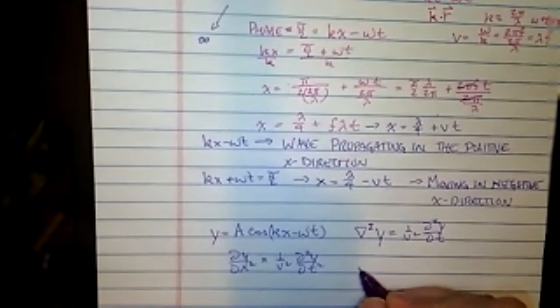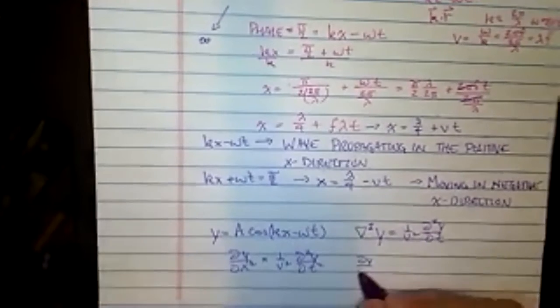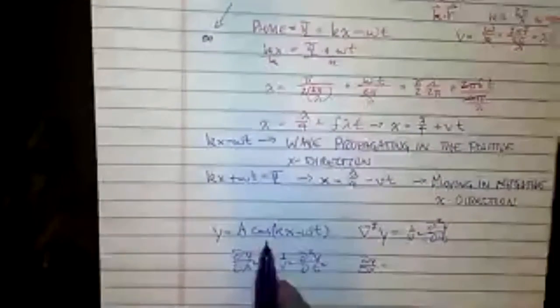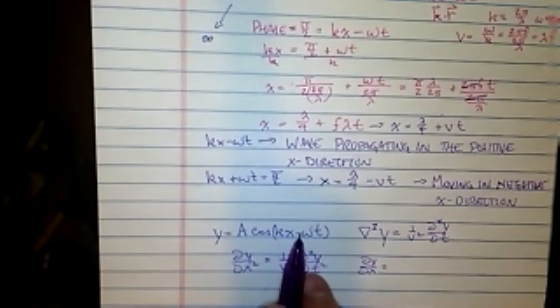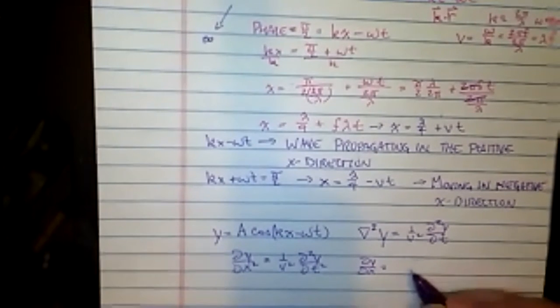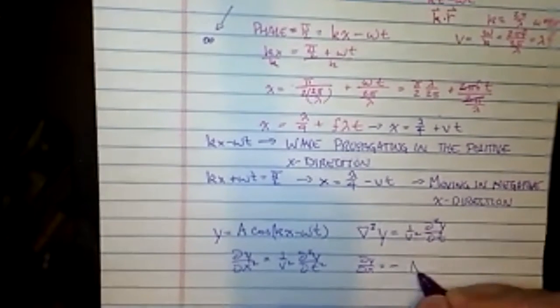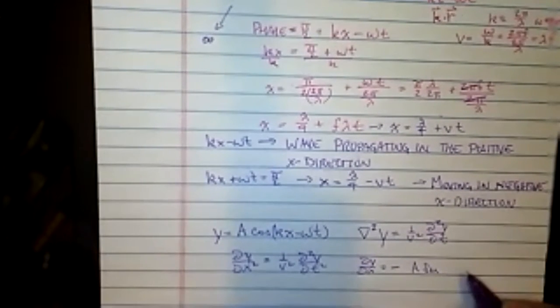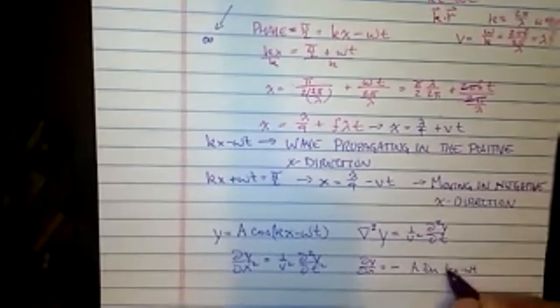When you let y equal this function, then you say that the partial of y with respect to x is going to be a times the derivative of cosine of u. The derivative of cosine of u is negative sine. So I'm going to write negative a sine. Now it's the sine of u, which is kx minus omega t.